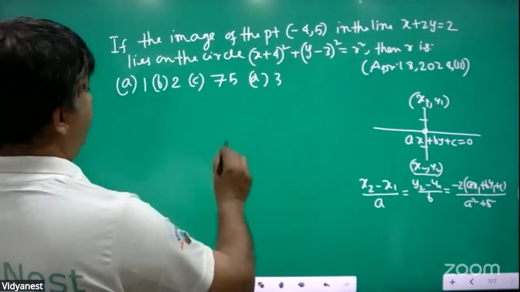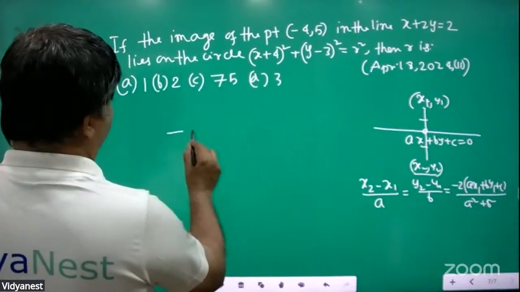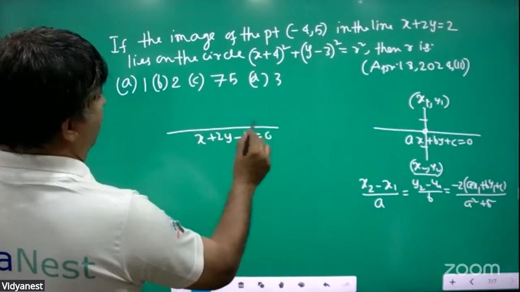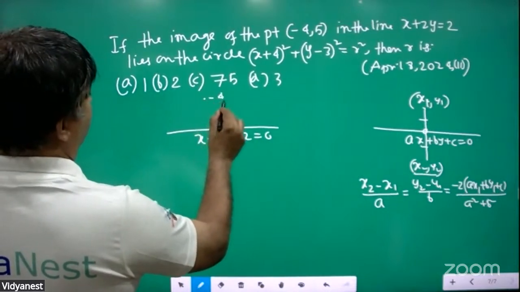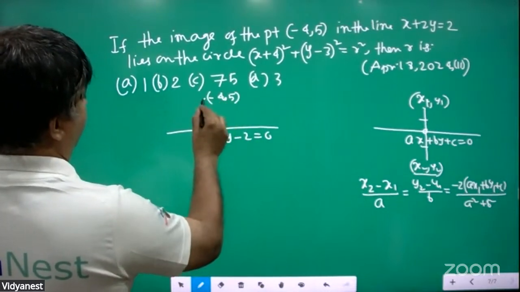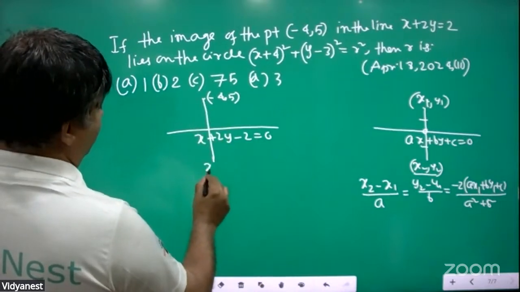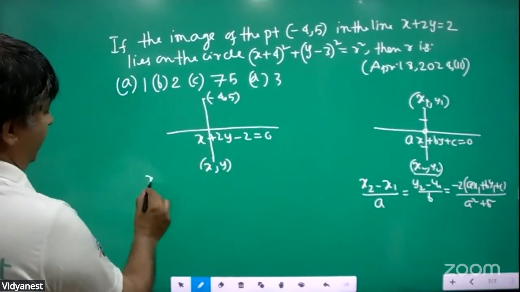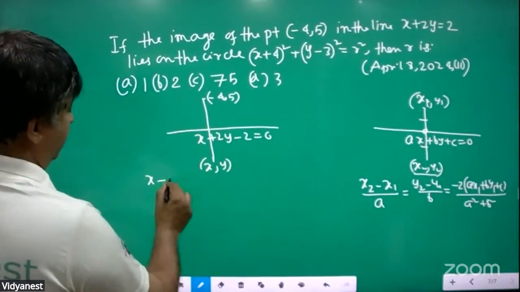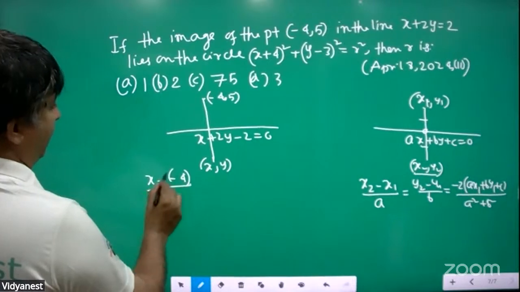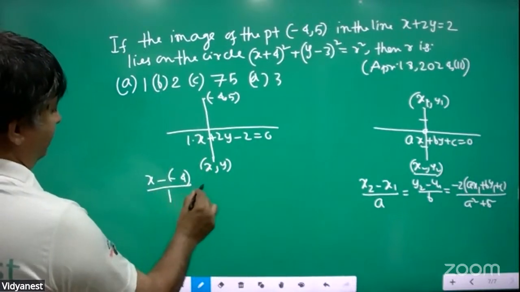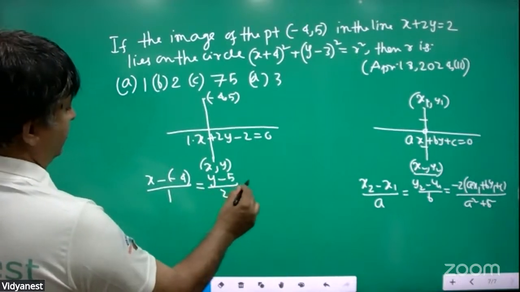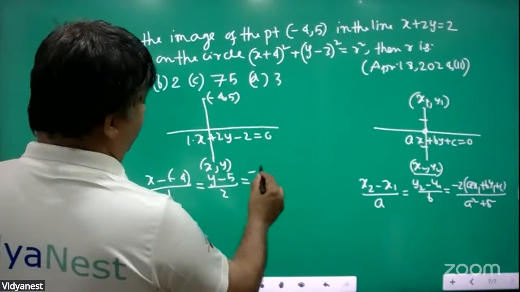देखो ये जो लाइन बोला, लाइन है x plus 2y minus 2 equal to 0 और पॉइंट (-4, 5), इसका इमेज सपोज x, y. तो ये फॉर्मूला इस्तेमाल करो. (x minus x1), minus 4 by a, is what? 1. (y minus 5) by 2 is equal to minus 2.